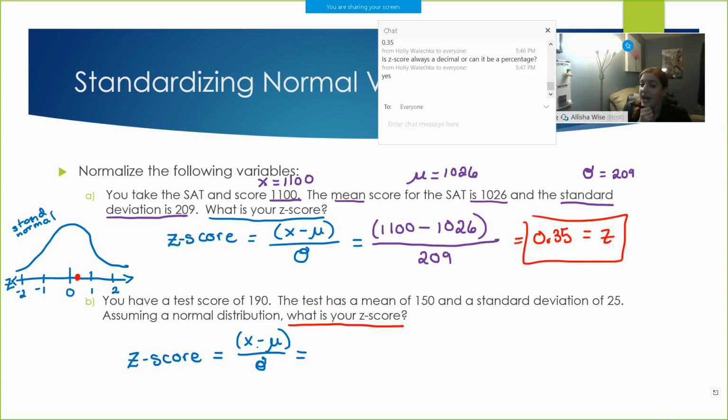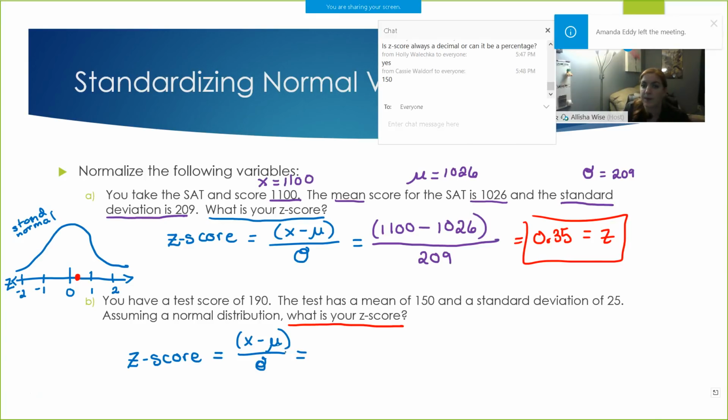So let's go ahead and figure out what we should plug in here. I like to start with my mean and my standard deviation because it's a little bit easier. So can anyone tell me what I should plug in for mu, this symbol here that we call mu? Yes, very good. Mu stands for mean. Mean is 150.